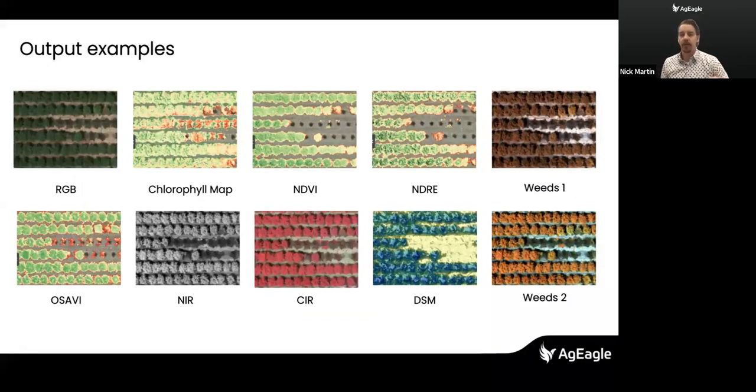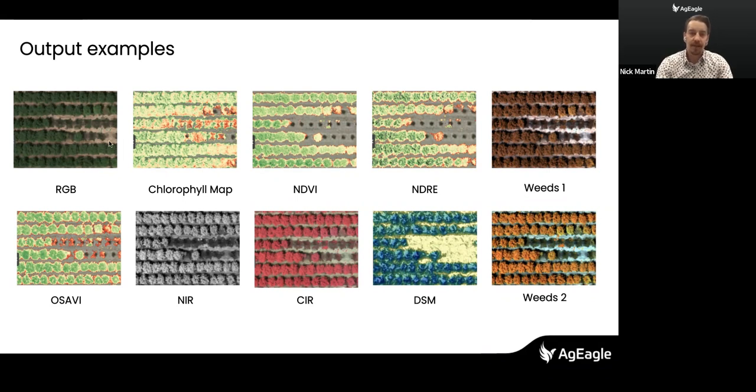So here we have a couple output examples of how we go about analyzing that data. Here's a small section of an almond orchard. All of these outputs were created using a MicaSense camera, and each one is providing a piece of insight into the canopy of these almond trees.